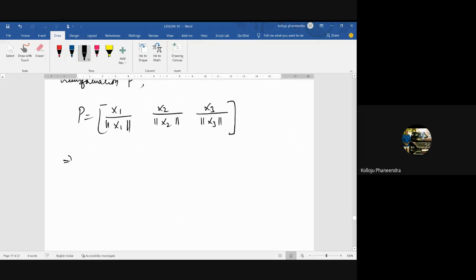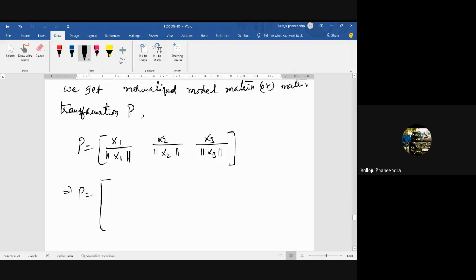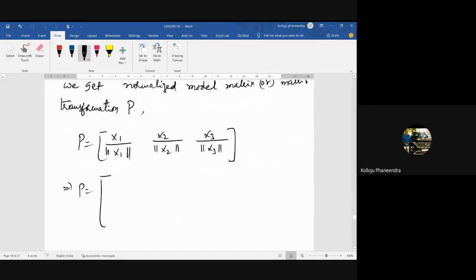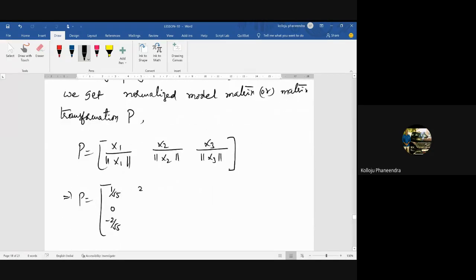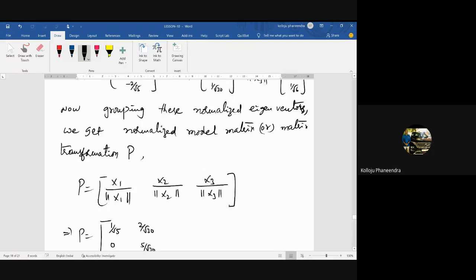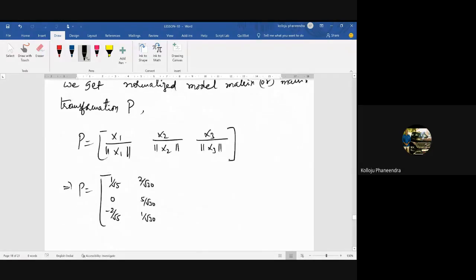That implies P equals: x1 by norm x1 is 1 by root 5, 0, minus 2 by root 5. Next, x2 is 2 by root 30, 5 by root 30, 1 by root 30. And the next one, 2 by root 6, minus 1 by root 6, 1 by root 6. This is the modal matrix.